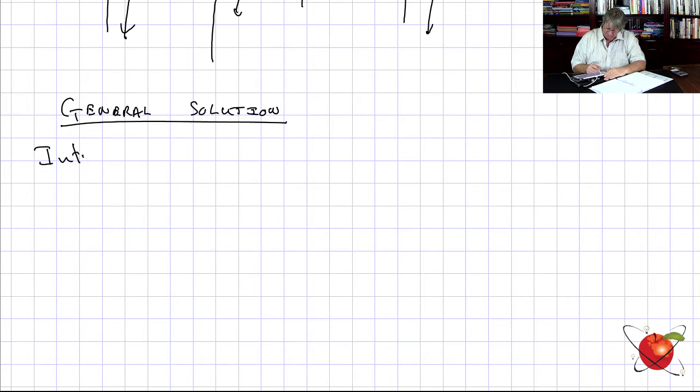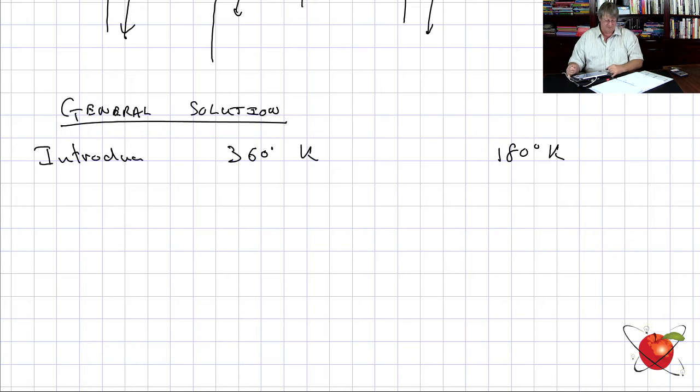Now we're going to introduce something: 360k and 180k.